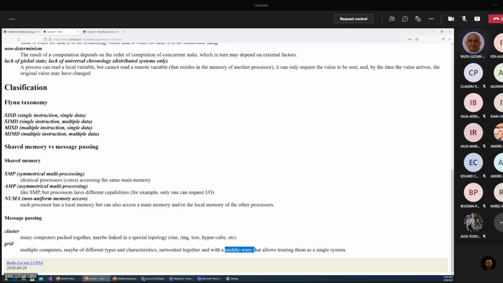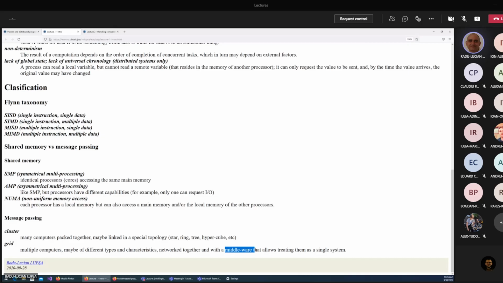We'll discuss this a little bit in the second part of the lecture, mid-semester or so, about the MPI framework, and you can consider a program that runs on MPI as being on a grid computing system in the sense of this definition.